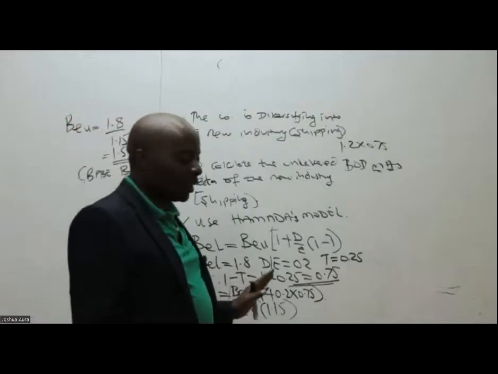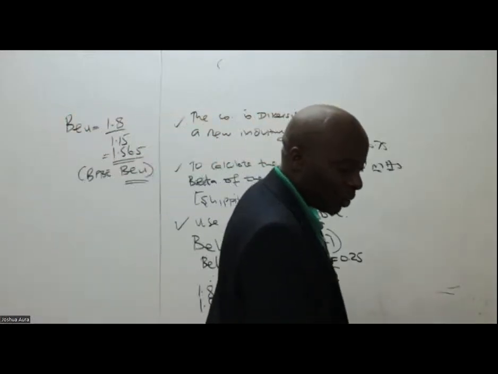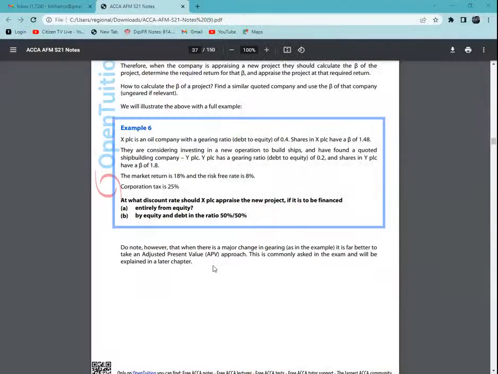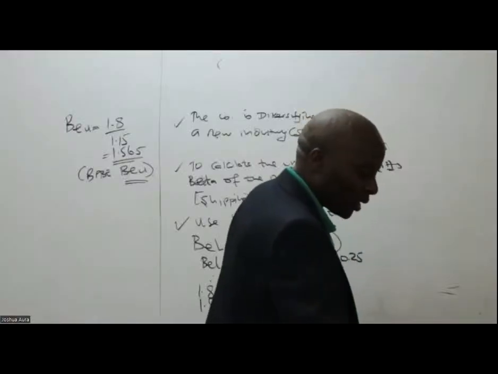But now go and read the question. They wanted us to give them the discounting rate, which in most cases is WACC. At what discounting rate should XPLC appraise a new project if it's to be financed entirely from equity? So of course I know discounting rate.